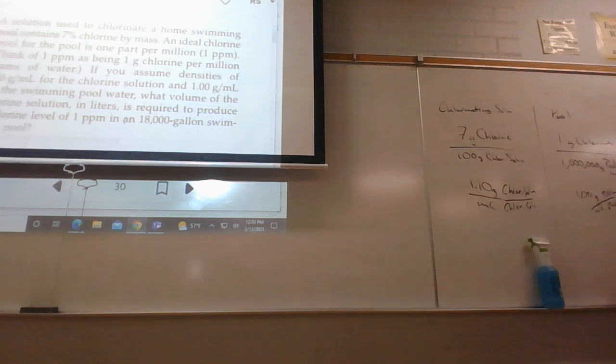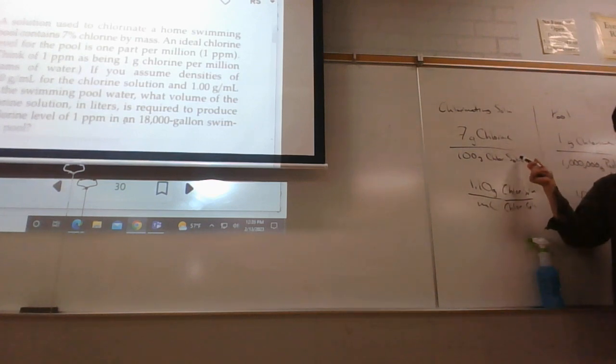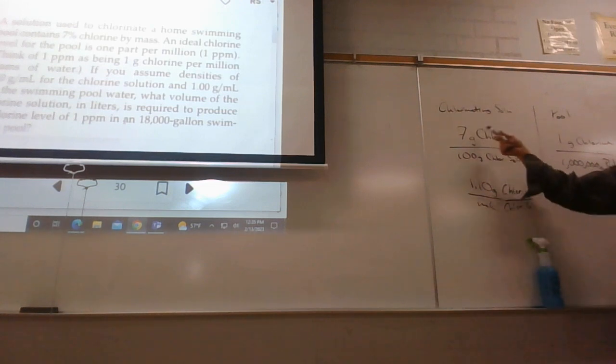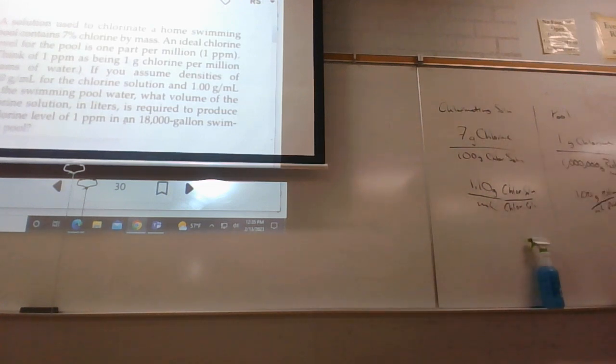Okay, these are examples of intensive properties. For example, does the 7% depend on how many gallons of chlorinating solution I have? So for example, if I had 1 gallon of 7% chlorinating solution, if I had 2 gallons of chlorinating solution, would it be 14%? Or would it still be 7%? It would still be 7%.